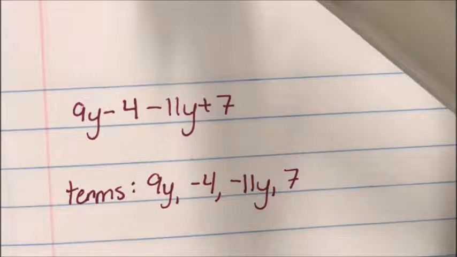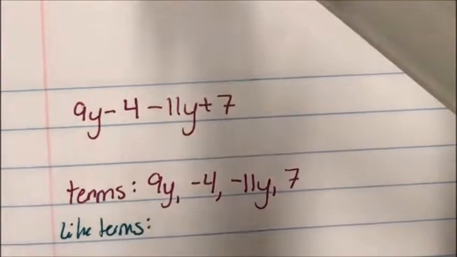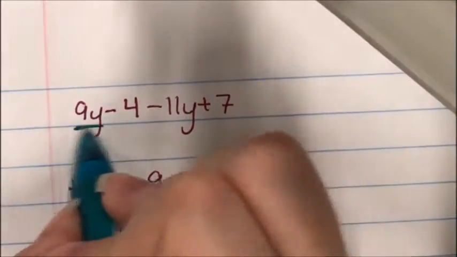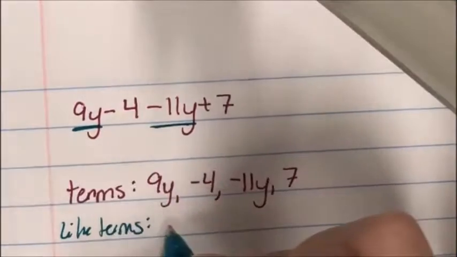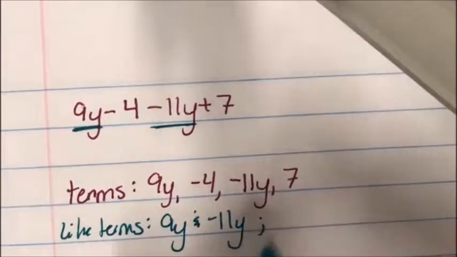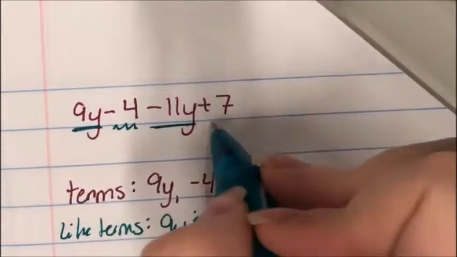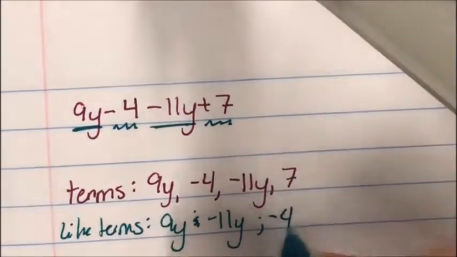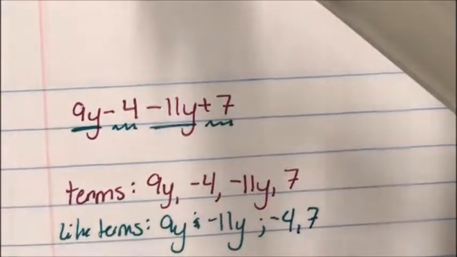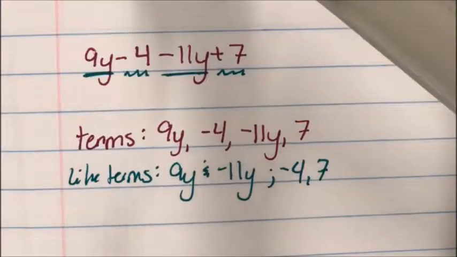Next, I want to look at my like terms. My like terms are 9y and negative 11y. Then I also have negative 4 and 7. They're like terms because they're constants. So you can have more than one set of like terms. The next thing I'm looking at is my coefficients.